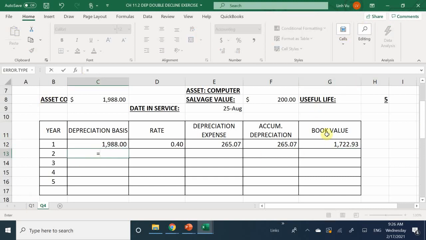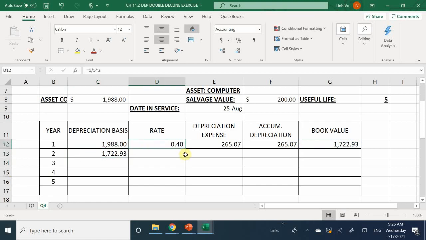Okay? So again, same thing goes along here. It's going to be 40% all the way down. So what is it now? I've depreciated through December 31st.